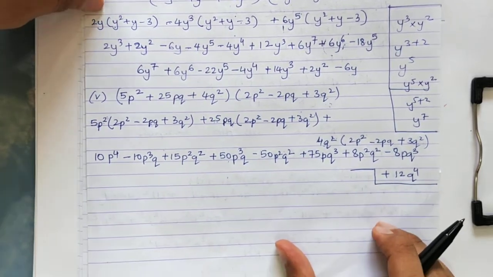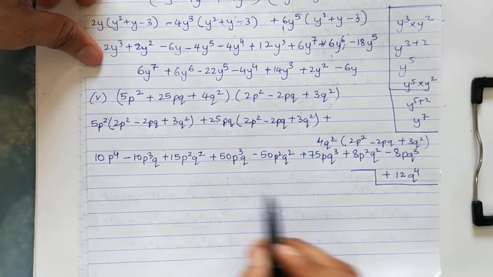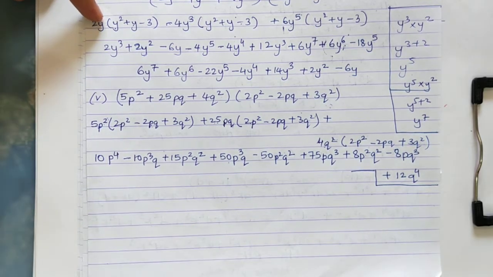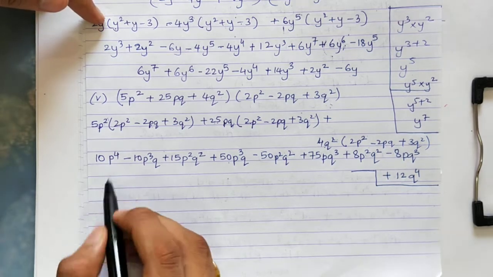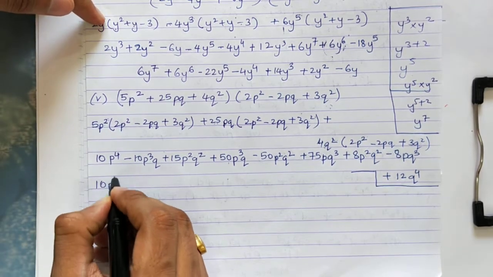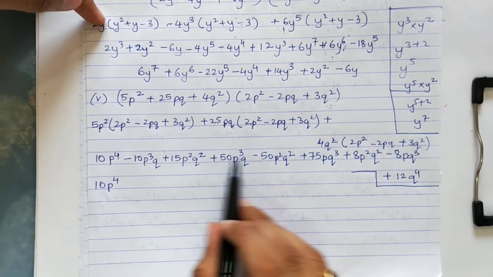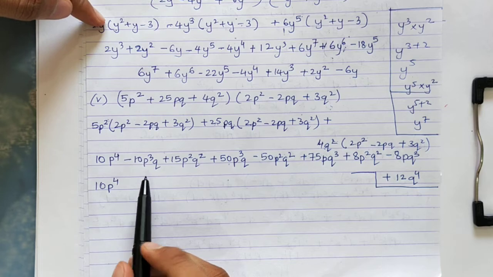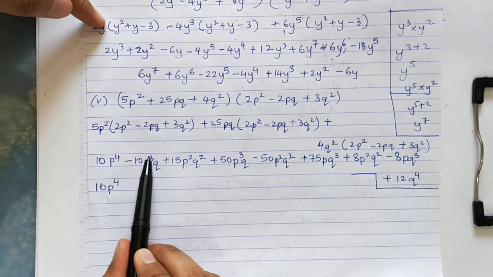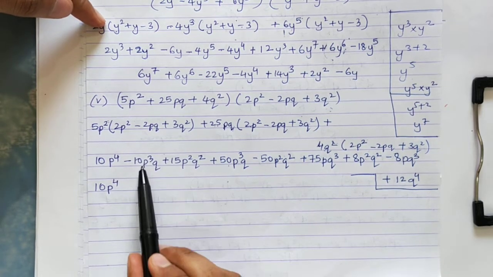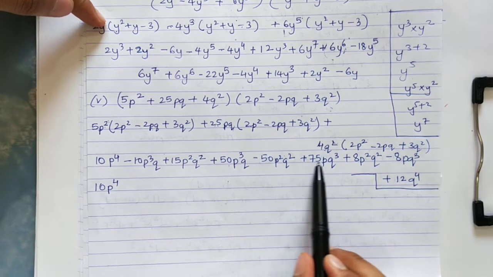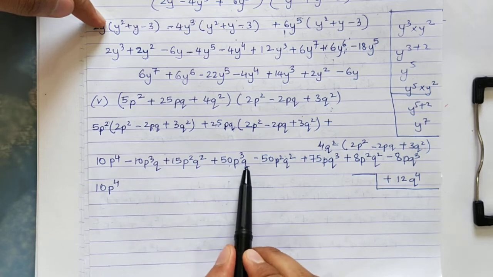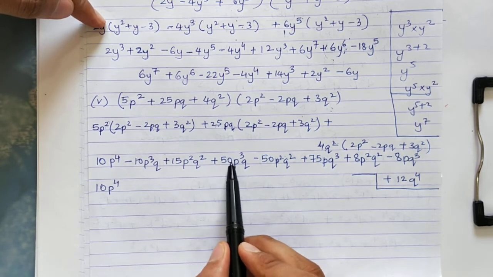Now let's find the like terms. Let's start with 10p4. So 10p4 will come as it is. There is no other p4. Then we have p cube q, two of them: that is minus 10 plus 50.